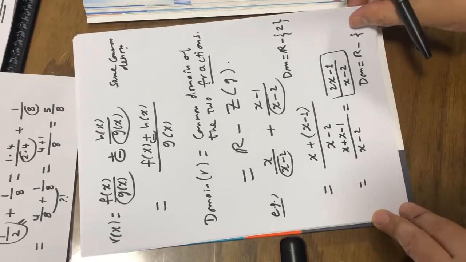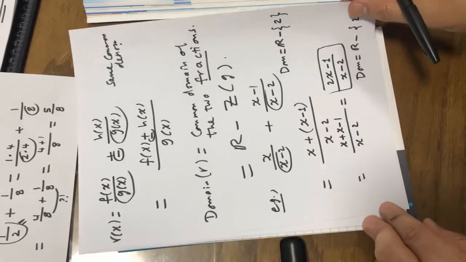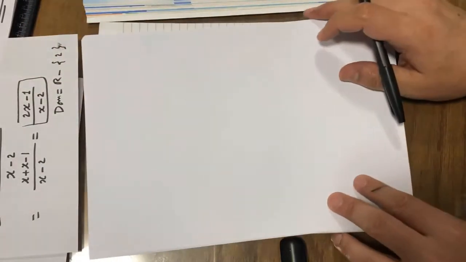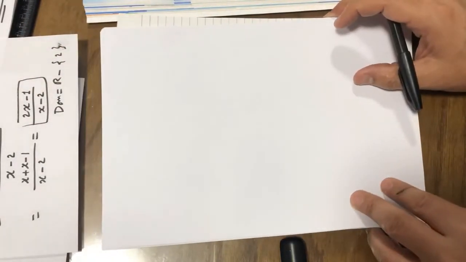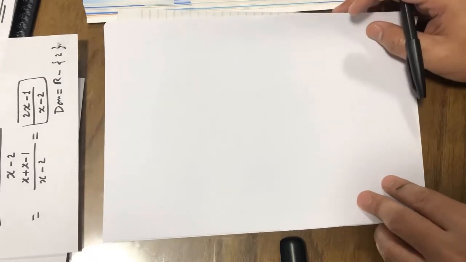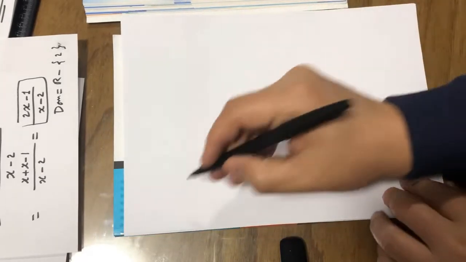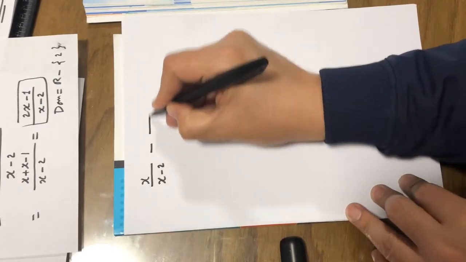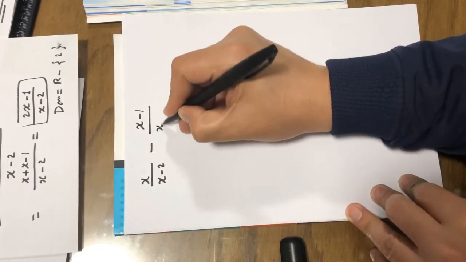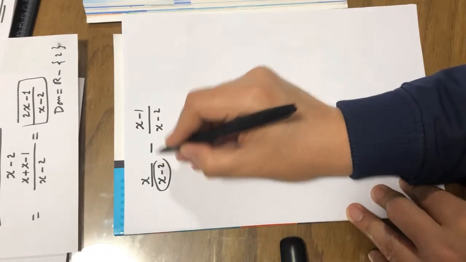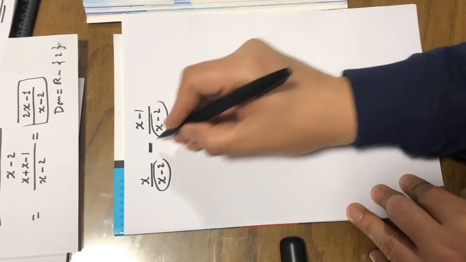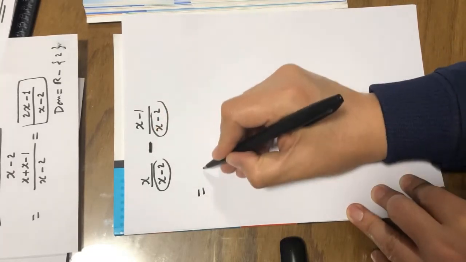I'll do it again, but put it in subtraction form to get this important habit of using brackets. x over x minus 2 minus (x minus 1) over x minus 2. Same again, this is the most important part, to have a common denominator to be able to do addition or subtraction.